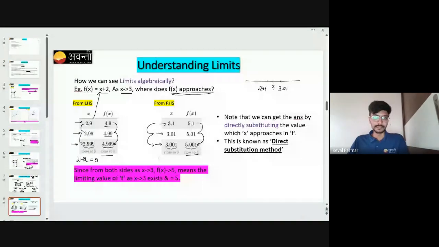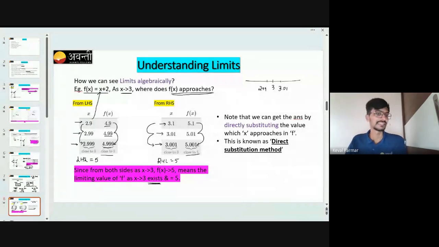That means right hand limit is also equal to 5. Now, since both the limits, left hand limit and right hand limit, are the same, we can say that the limit exists.